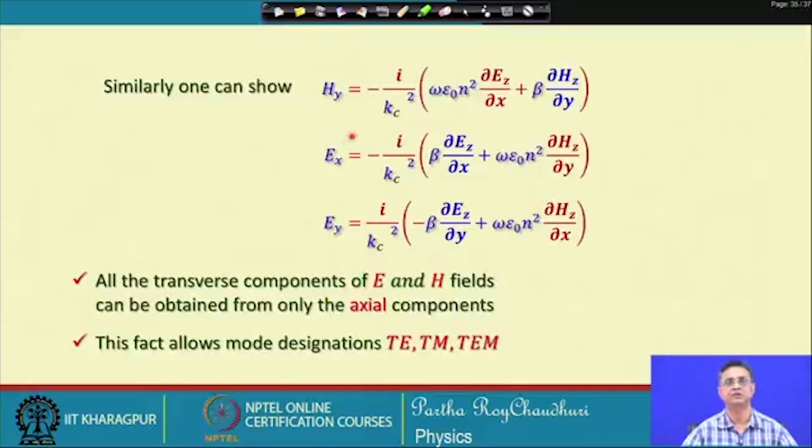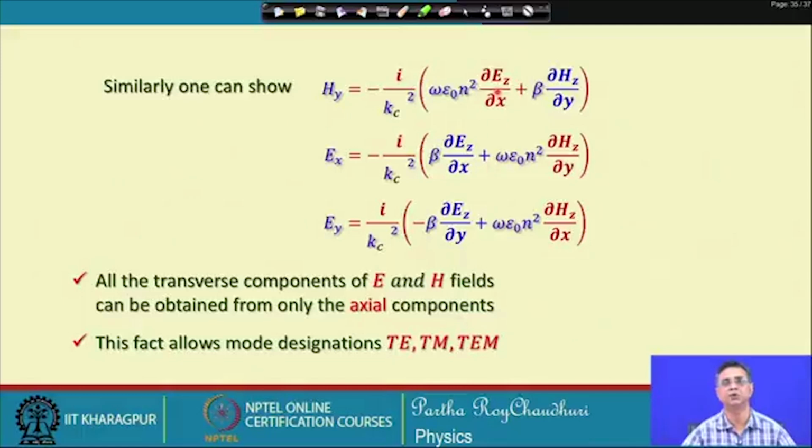Here also H y is represented as a function of E z and H z. E x similarly, E y in the same way, E z and H z. So, this is a beautiful outcome that we have been able to express the transverse field components in terms of the longitudinal field components. That means all the transverse components of the electric and magnetic fields can be obtained from only the axial components.